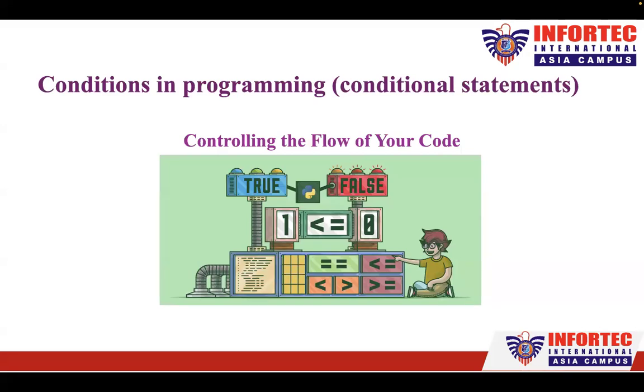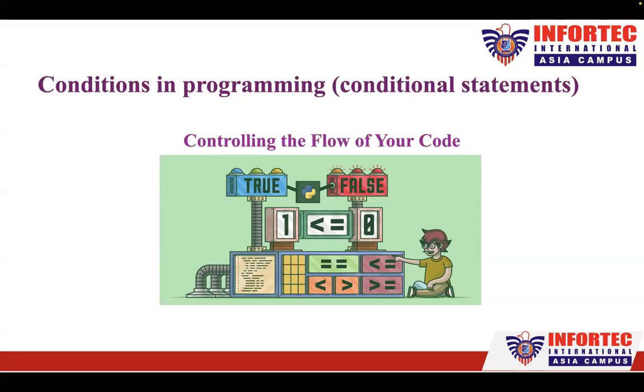So conditions we use to control the flow of your code. So code has a flow. If you check all your previous codes, it has a flow. First it reads line 1 and executes. Then line 2 executes. Then line 3 executes. Like that, it has a flow.